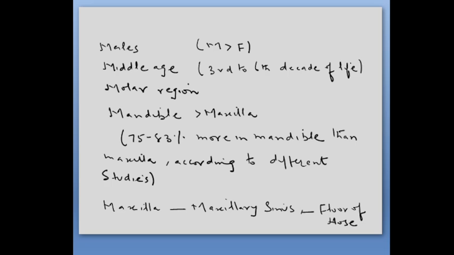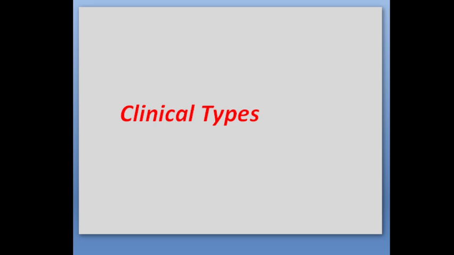It is more common in the mandible than in the maxilla. 75 to 83% of ameloblastomas are in the mandible, whereas only 15% are seen in the maxilla. If it is seen in the maxilla, it can extend up to the maxillary sinus and floor of the nose.